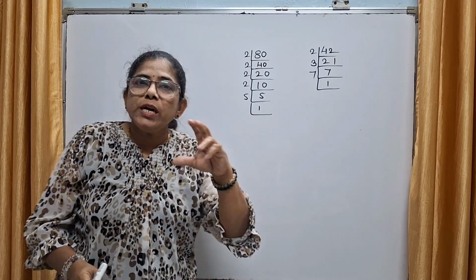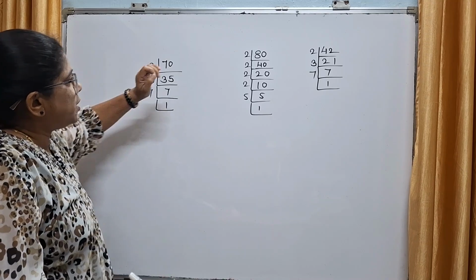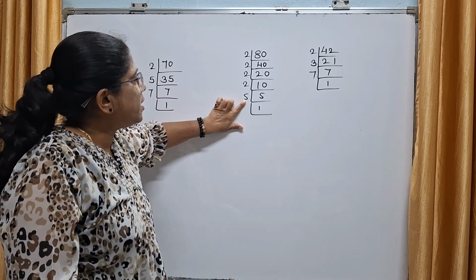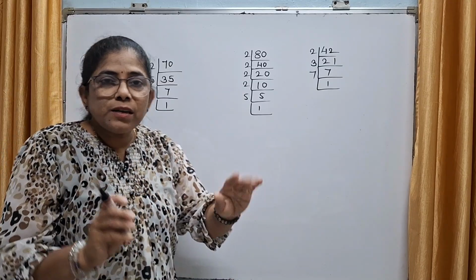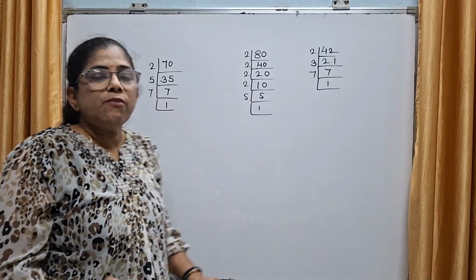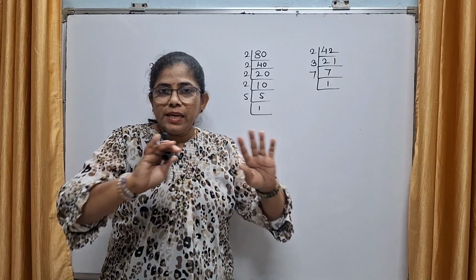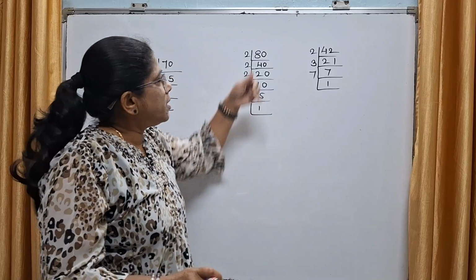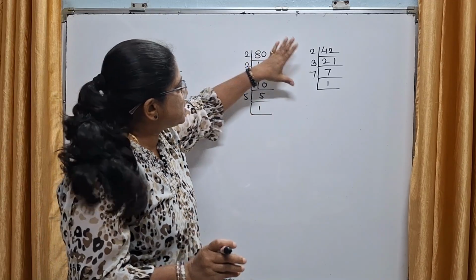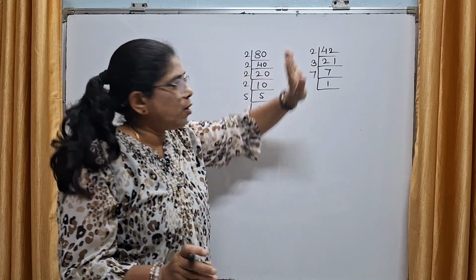So this is a unique pattern for 70. Similarly, 4 times 2 and 1 time 5 is the unique factorization only for 80. So 4 times 2 and 1 time 5 will not be repeated for any other composite number. Similarly, 2 one time, 3 one time, and 7 one time. So this is the pattern of factorization for 42.